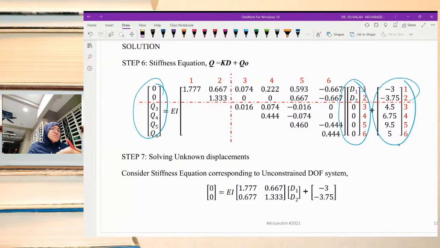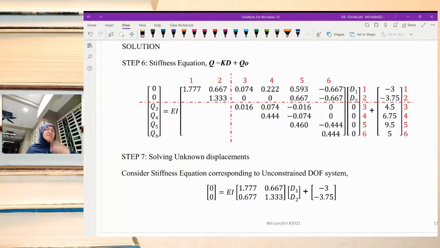Okay, so write the stiffness equation for the beam. So this is the answer. If the question asks you to write the stiffness equation, so this is the equation.